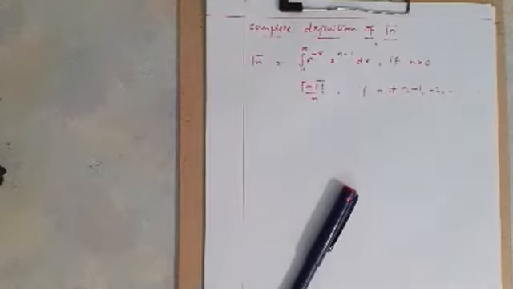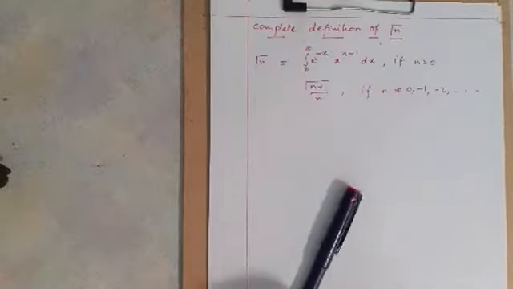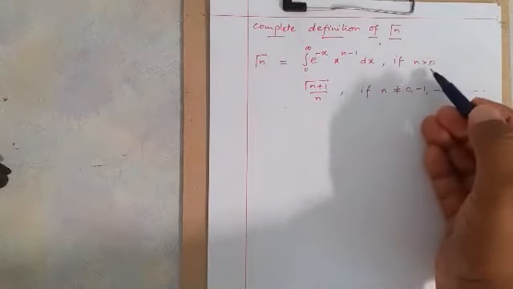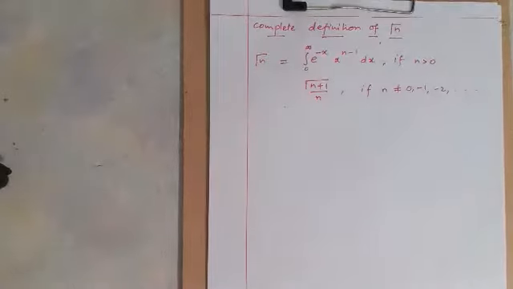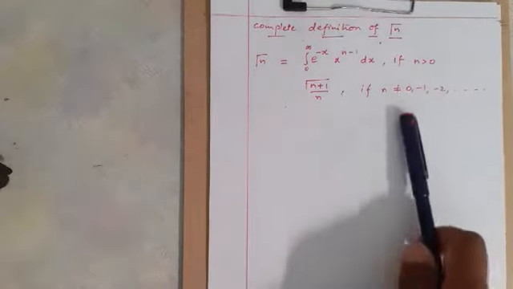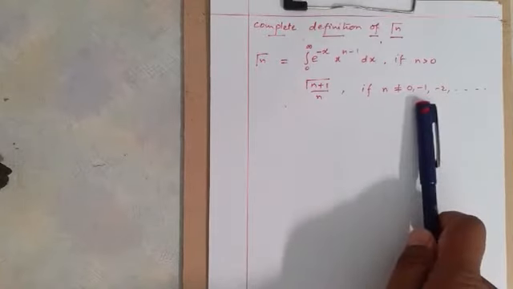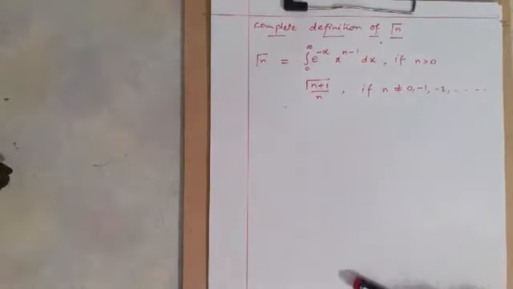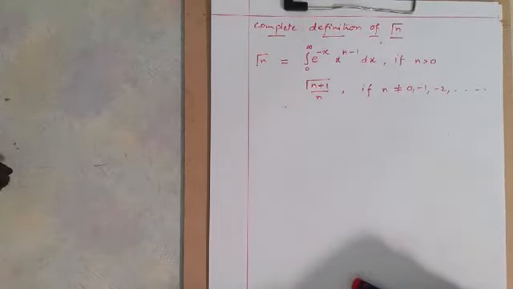Now remember, here we have to know two important things. One is n greater than 0, which is nothing but a positive integer, and here n is not equal to 0, minus 1, minus 2, and so on, in the sense that n is not a negative integer.